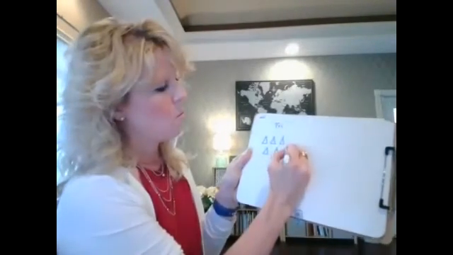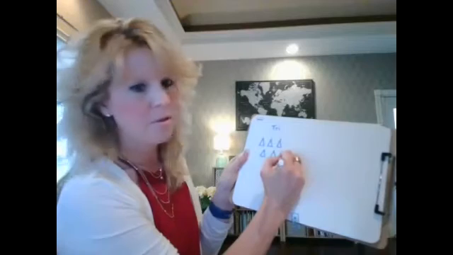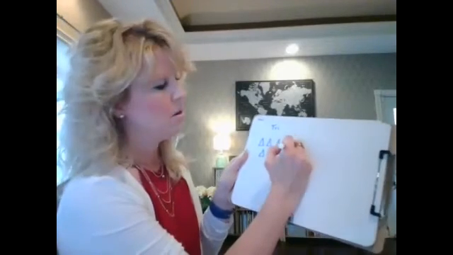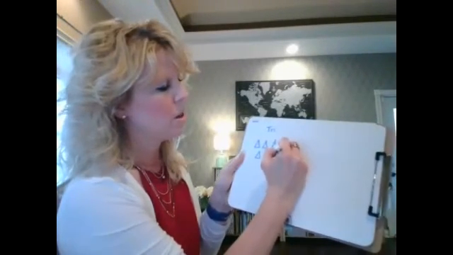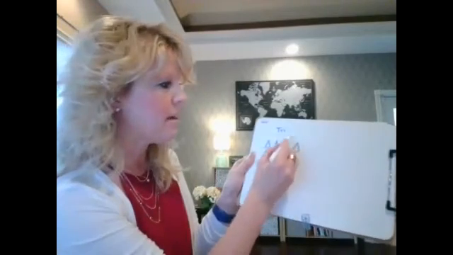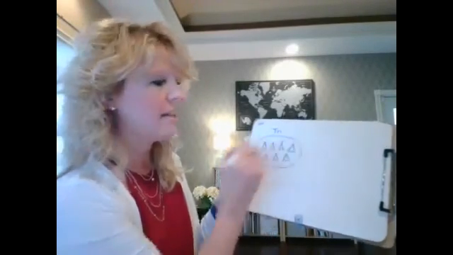A triangle has 3 sides. 1, 2, 3. Triangle. 1, 2, 3. Triangle.